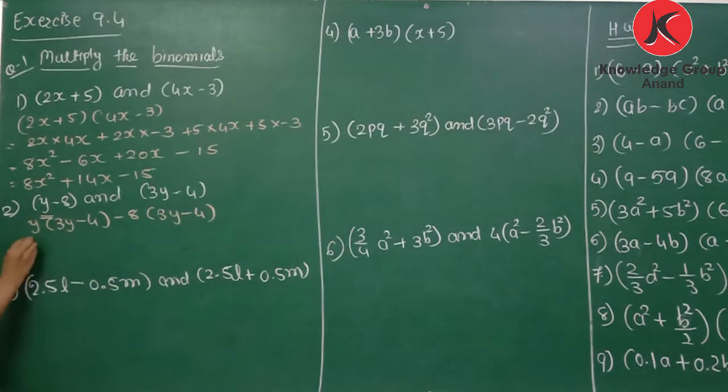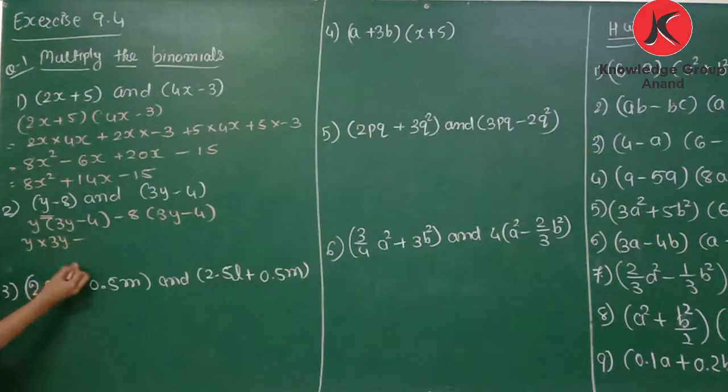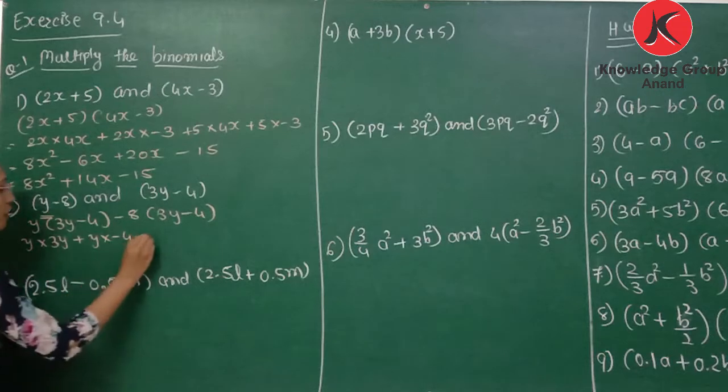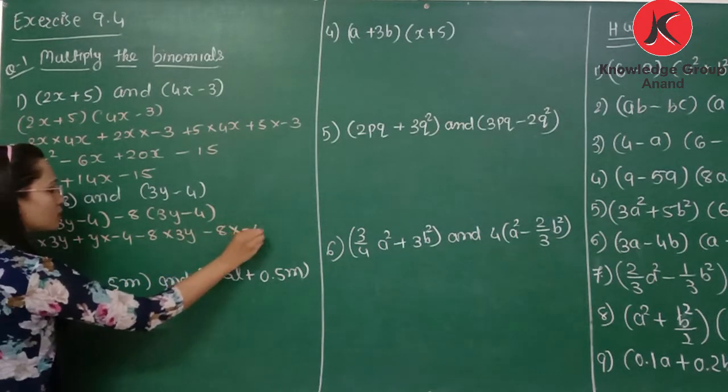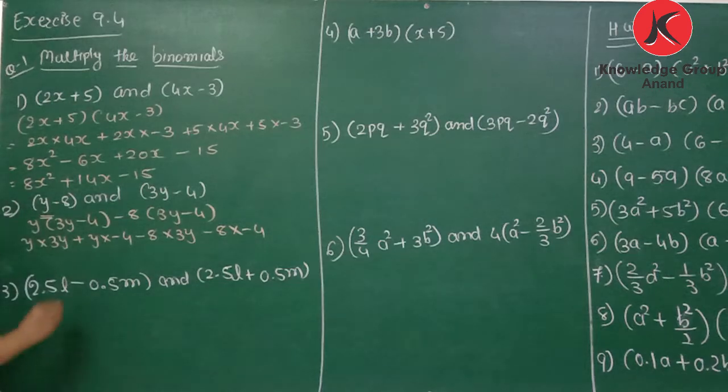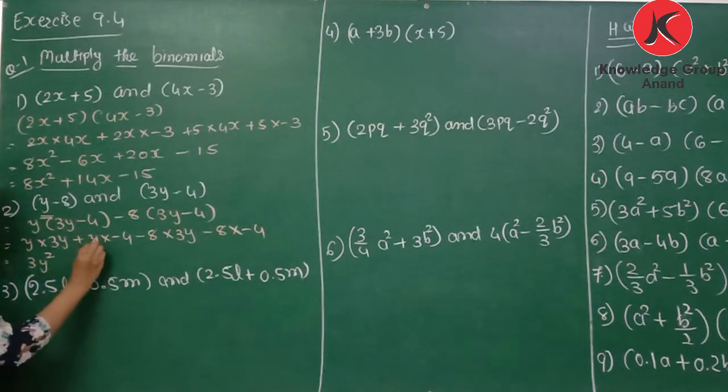Now y is multiplied with 3y and y is multiplied with minus 4, and minus 8 is multiplied with 3y and minus 8 is multiplied with minus 4. 3 into y becomes 3 into 3y becomes 3y square. y into minus 4 becomes minus 4y.